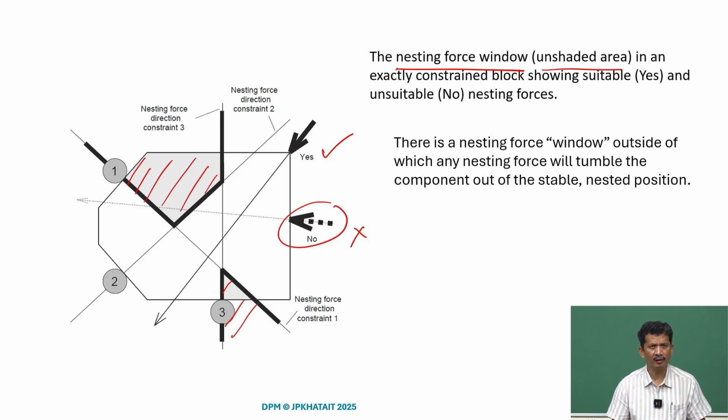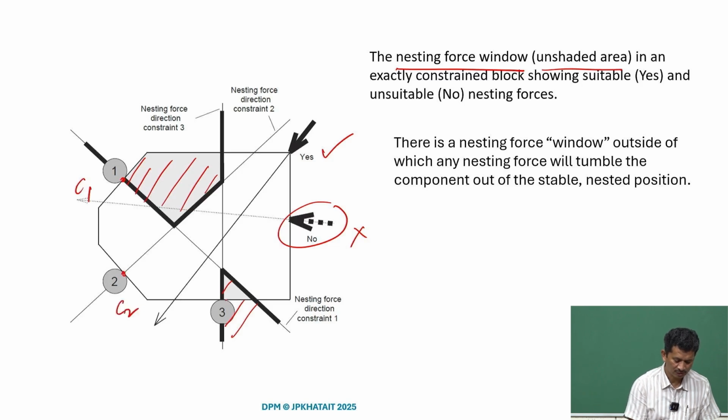So maybe we'll quickly try to see how to find the nesting force window in this case. So for instance, we have this post 1, so define the contact C1, post 2, and we have the contact C2, and then post 3, contact C3.